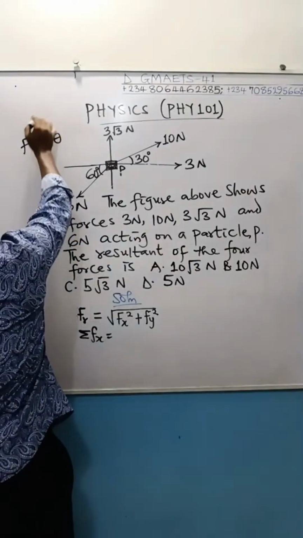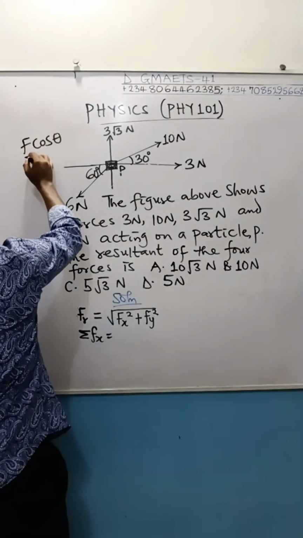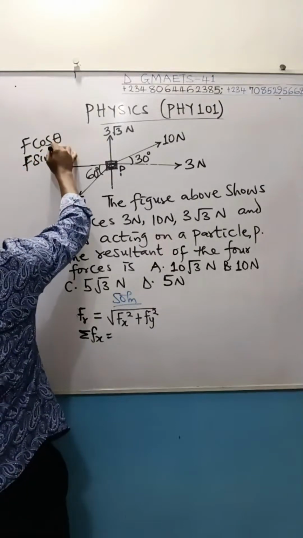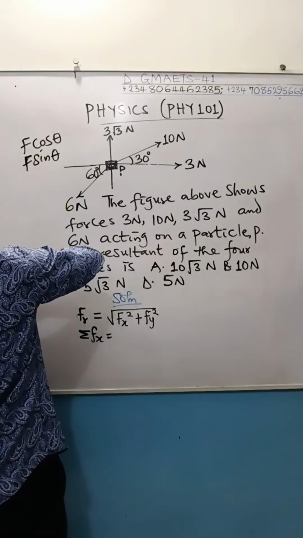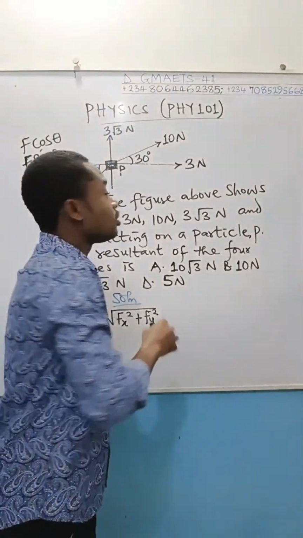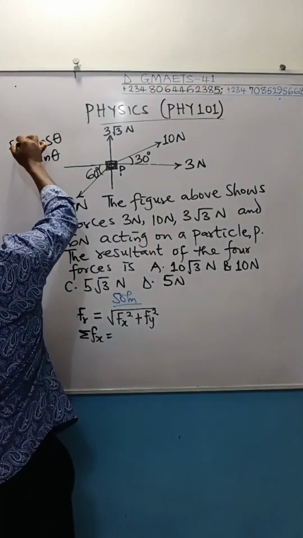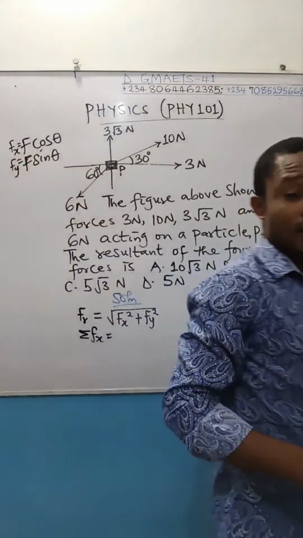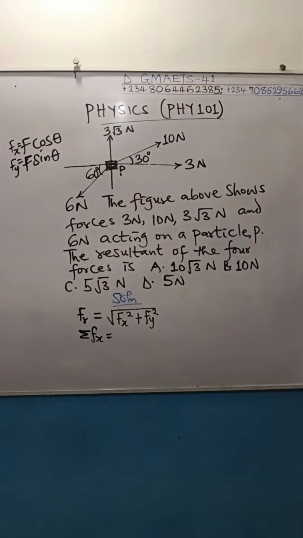Then if you are resolving along the vertical axis, that is along the y-axis, you're going to use F sin theta. So you want to take note of these formulas, okay? To resolve along Fx, you use this. Along Fy, you use this. I hope this stuff I wrote there is showing. Let me check. Good. It is showing.